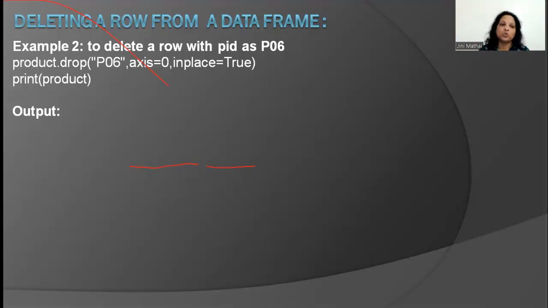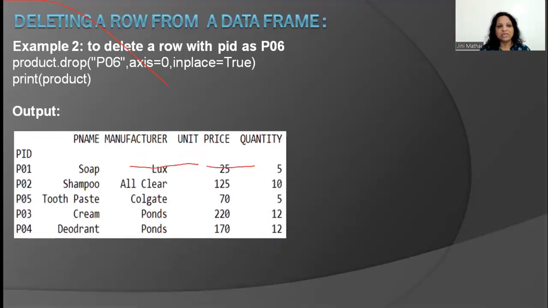That means it's always going to work on the row. Now when I say print product, can you see here, P06 doesn't exist in my data frame at all. So for both methods, remember that axis equal to 0 would mean I'm deleting a row, and axis equal to 1 would mean I'm deleting a column.